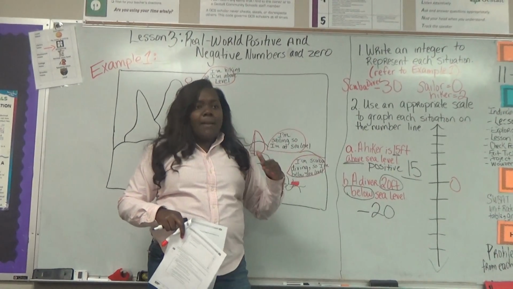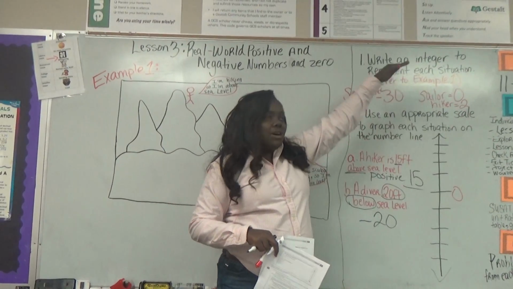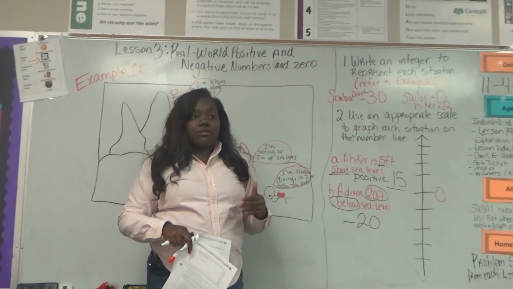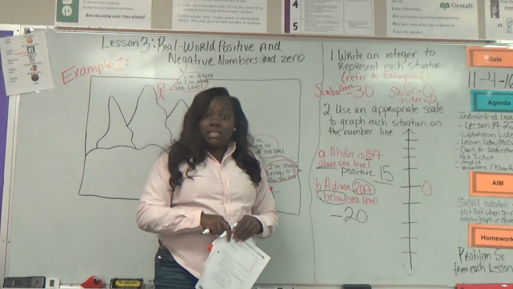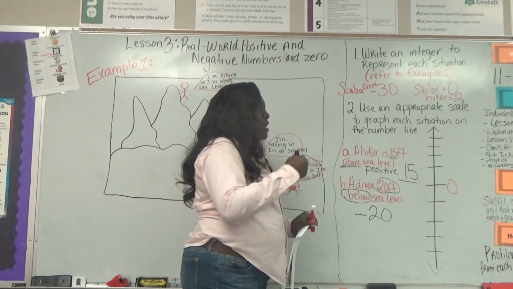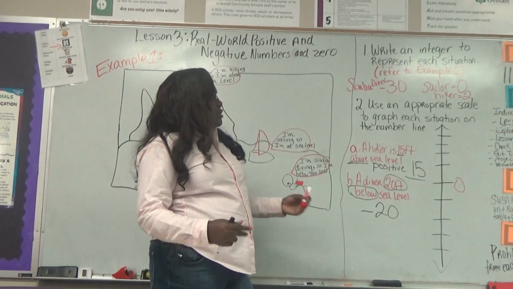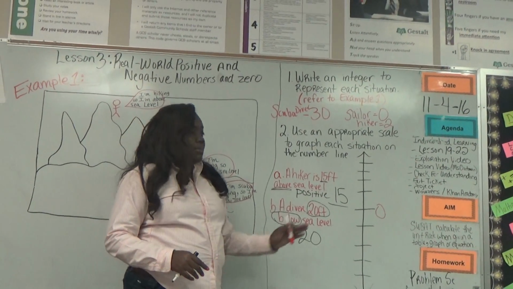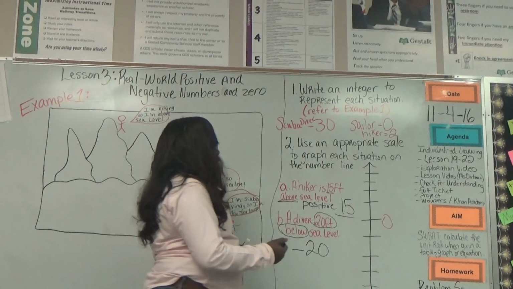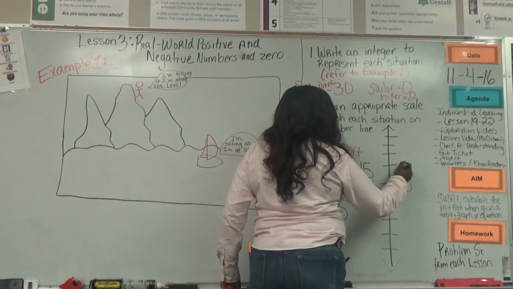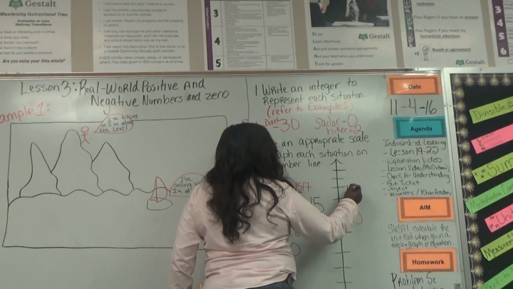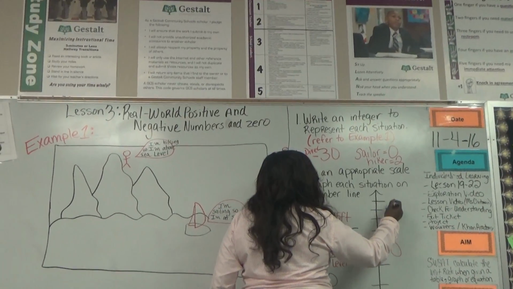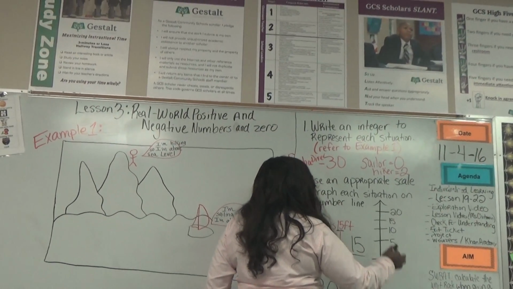So what type of numbers are located above the 0 on a vertical number line? Positive numbers are located above. So what could I possibly count by so that I can quickly get to 15 on the number line? Fives, right? So I can say 0, 5, 10, 15, then 20.